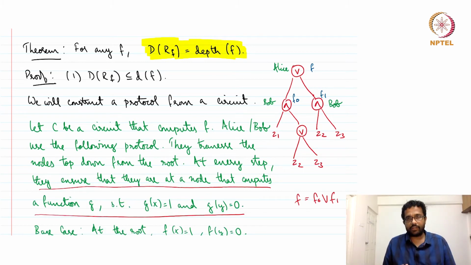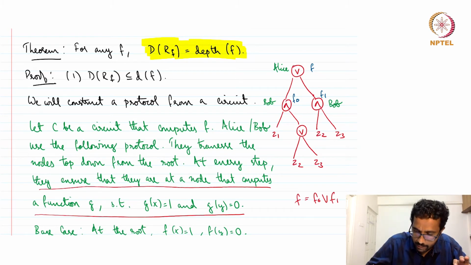Okay. So one more point is that if there is a NOT gate anywhere in the circuit, we could push that NOT gate down using De Morgan's laws, and we will get a circuit with purely AND and OR gates, such that the NOT gates will only appear at the input level.